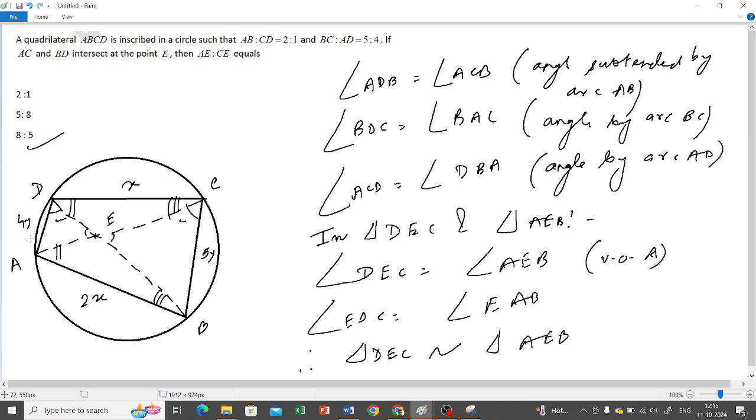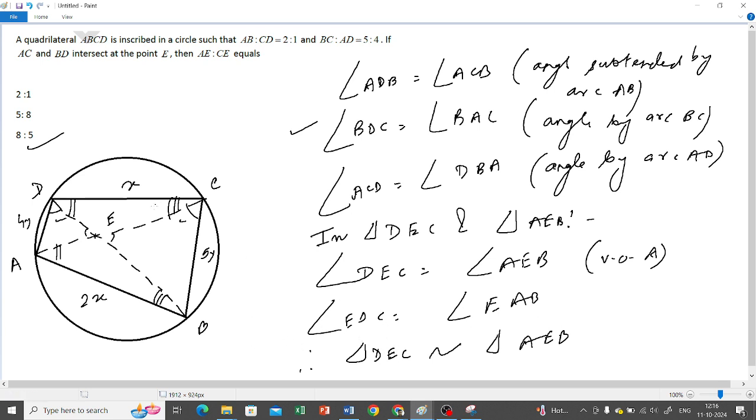Now see in triangle DEC and AEB. What are the angles which are equal? DEC is equal to AEB, vertical opposite angle. Angle EDC is equal to angle EAB. Why? Because we have proved it here. এখানে প্রুফ করেছি angle EDC is equal to angle EAB.